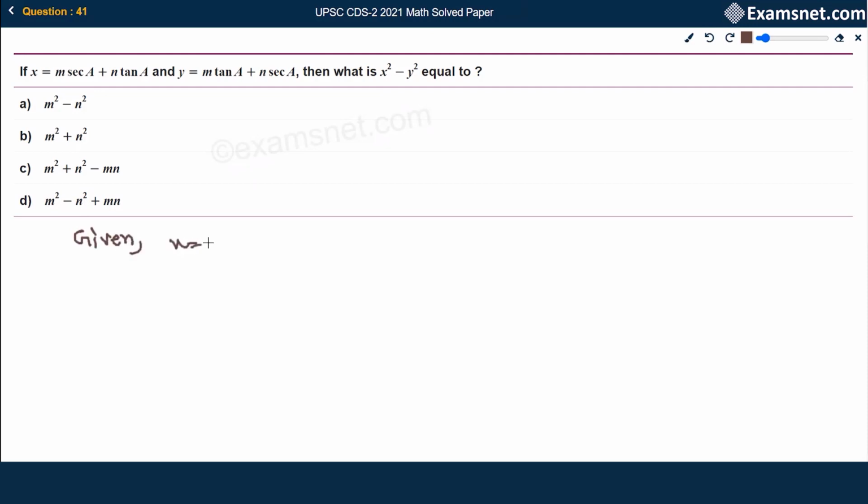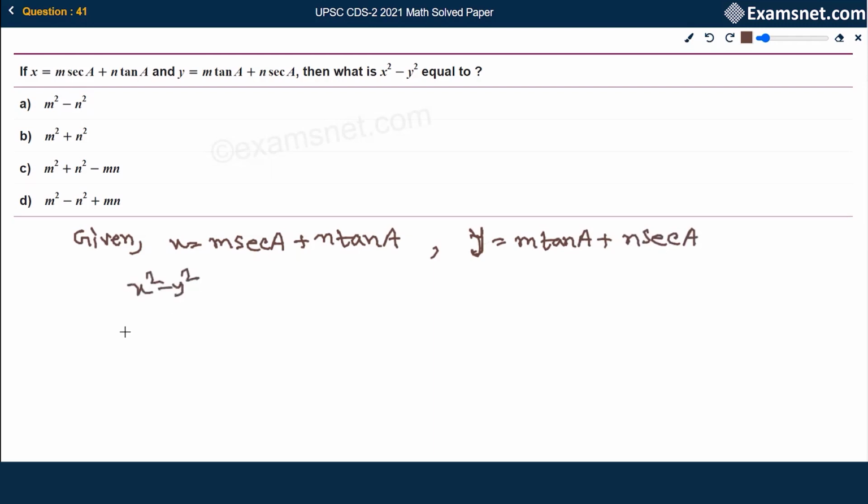That is x equals m sec a plus n tan a, and also y equals m tan a plus n sec a. Okay, now let's put all those values in the given expression, that is x square minus y square, and start solving step by step.